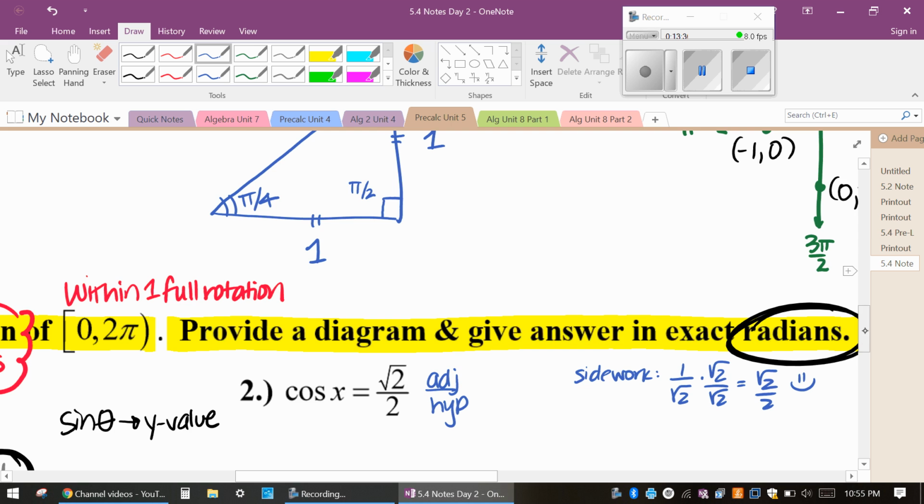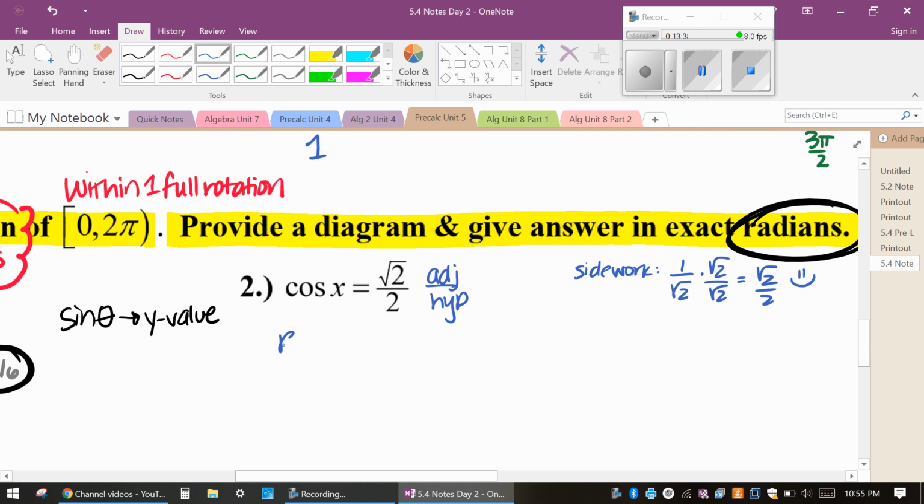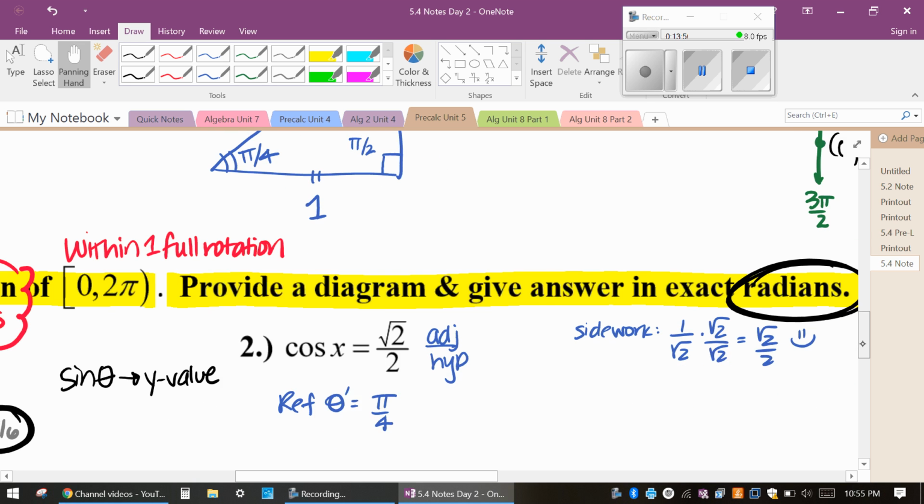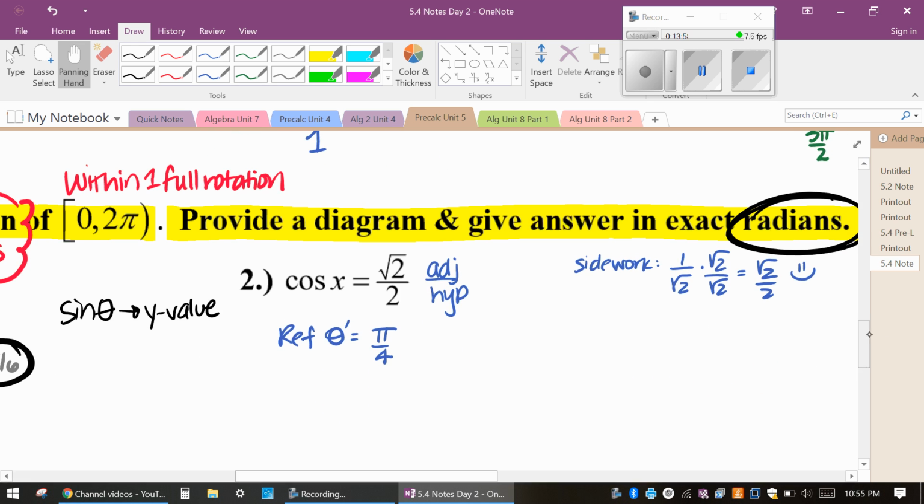So this means that the reference angle is pi over 4, 45 degrees. Why? Because no matter which pi over 4 you use, if you use adjacent over hypotenuse, either this one or this one, you get root 2 over 2. So the reference angle is pi over 4.